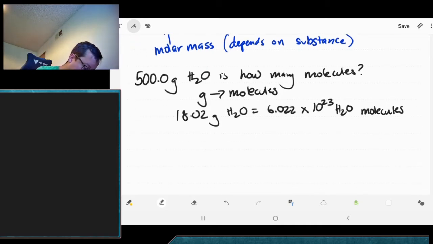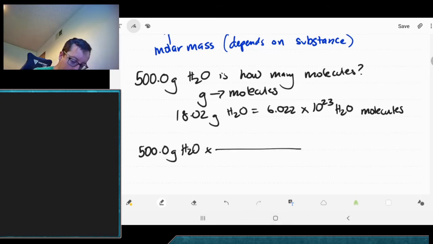So 500 grams. We're going to put grams on the bottom so they cancel out. Remember, grams over grams is 1. They cancel out. And we're going to put our Avogadro's number, therefore, on the top.